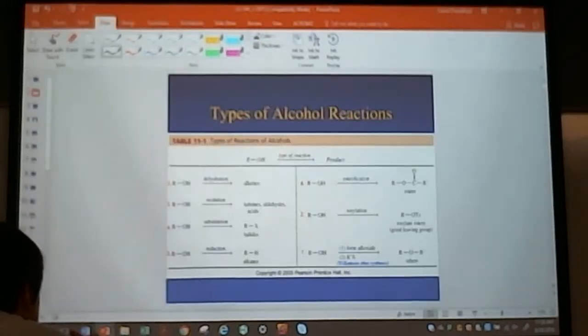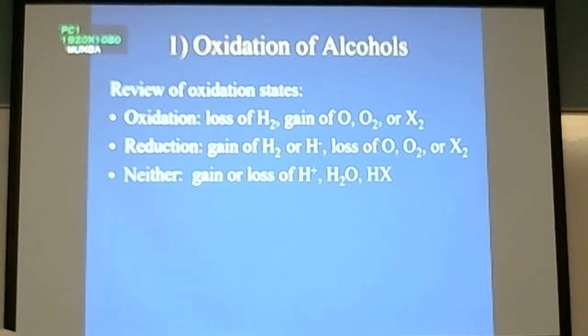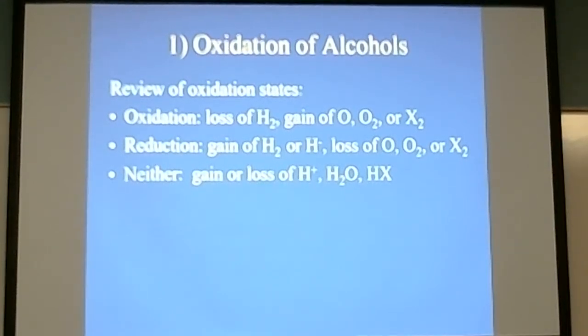So, again, oxidation would be loss of hydrogen or the gain of oxygen or halogen. Reduction is the gain of hydrogen with electrons or the loss of oxygen or halogen. What is not an oxidation or a reduction is anything that involves H plus or gaining or losing water or gaining or losing HX, because that's one of each, right?